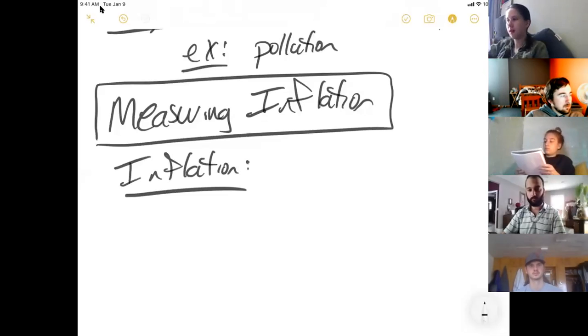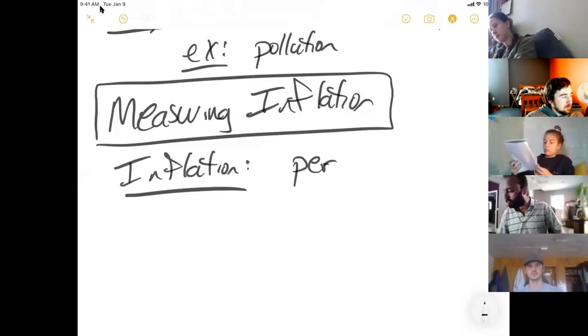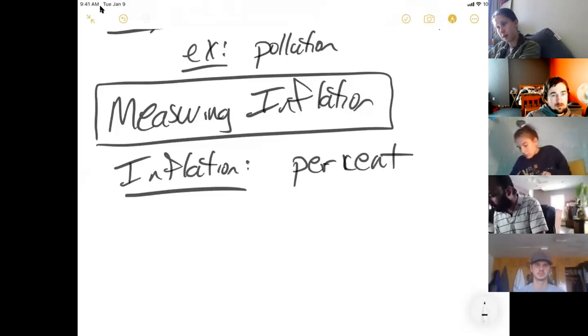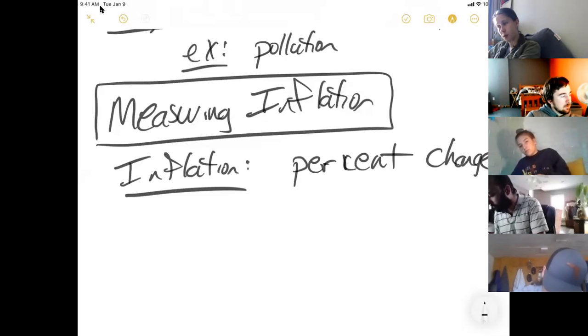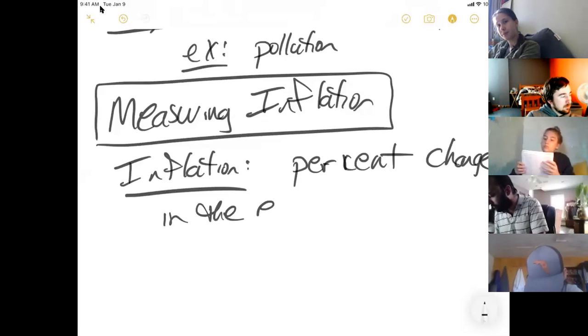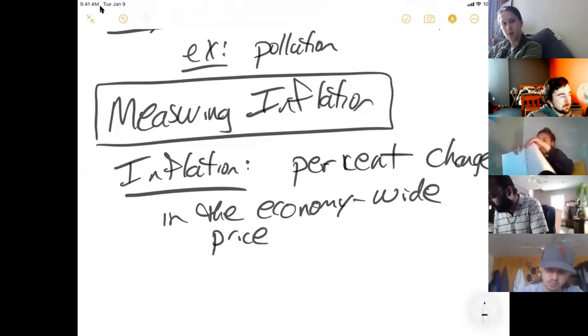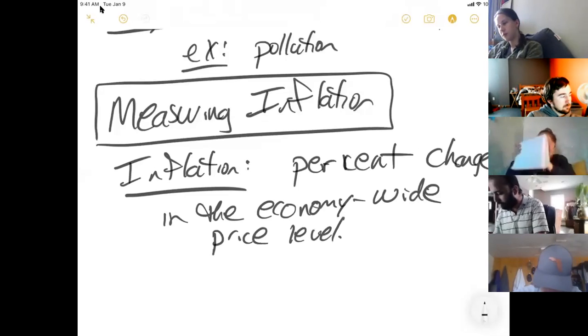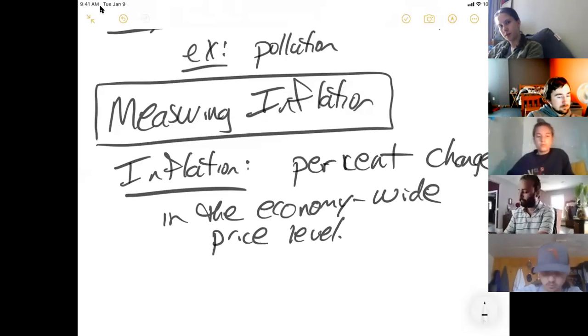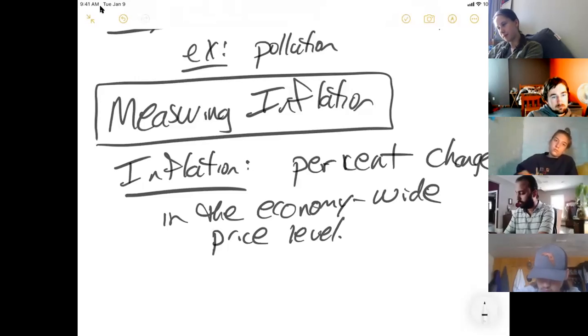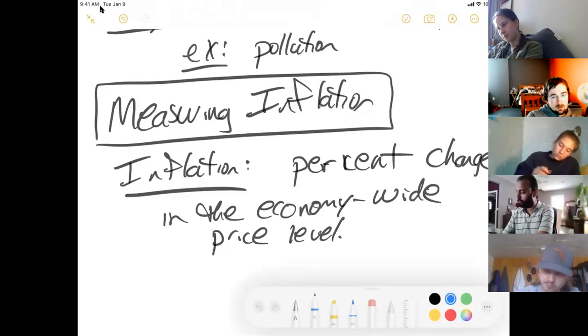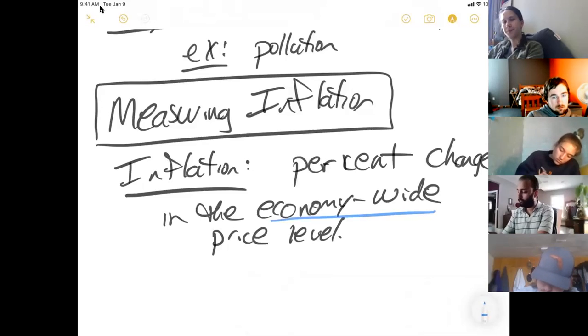Inflation is the percent change in the economy-wide price level. The key word here is economy-wide, okay?